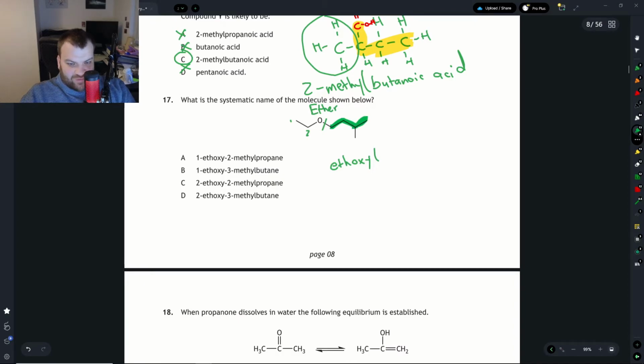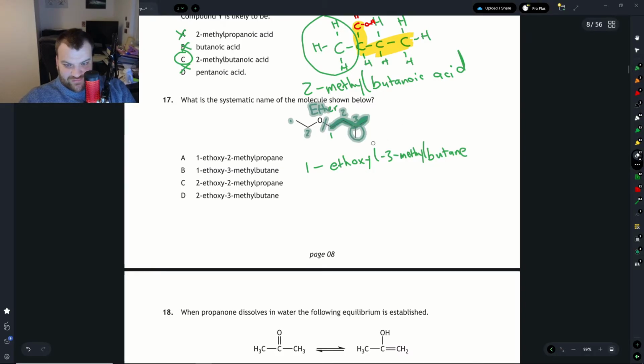And the ethoxy group is joining on the first carbon. That's going to make it 1 ethoxy. We have butane because there's 4 carbons. We also have a methyl group off of this. This is the first one on this part. That's second. That's the third. So that's going to be 3-methyl butane. Might have been easier to actually do it the back to front way.